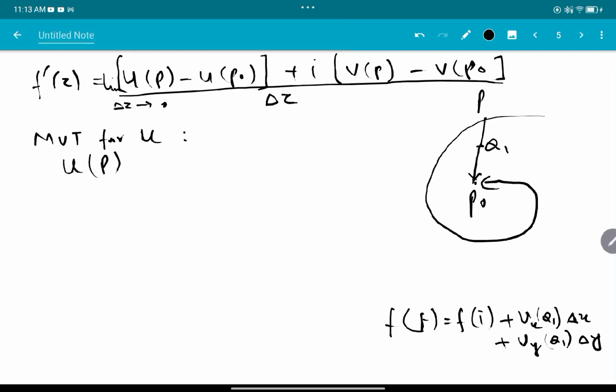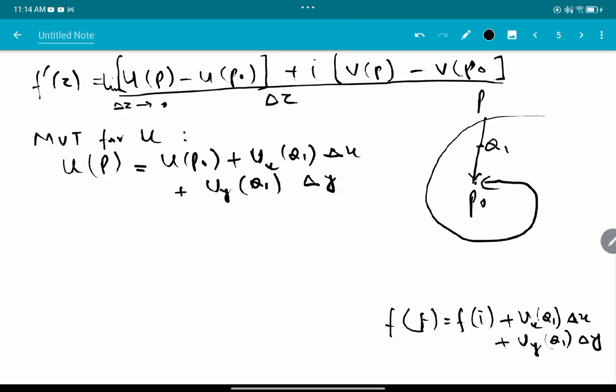Final minus initial: up minus upo is equal to the initial value of the function, upo, plus ux at q1 into interval delta x, plus uy at q1 into delta y.